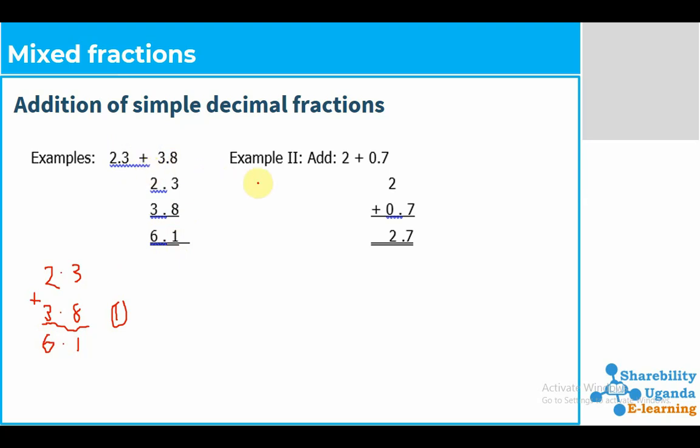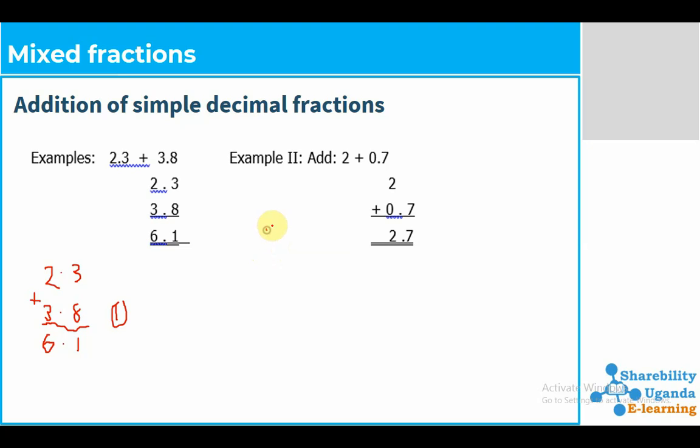Okay, another example 2, we have a 2 plus 0.7. Yes, now here you can see they have given us a whole number and a decimal number, so we have also to understand and arrange these numbers very well, such that we can be able to add them.